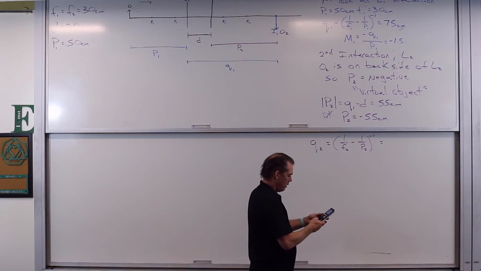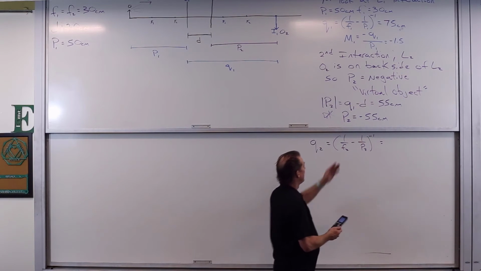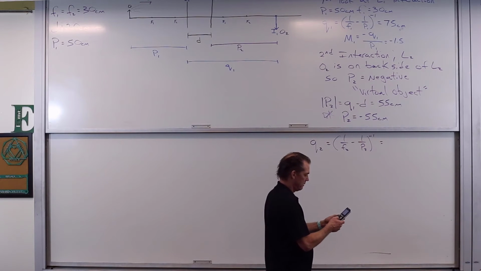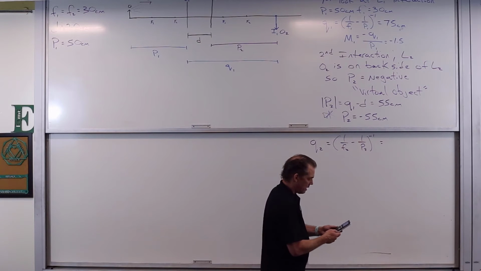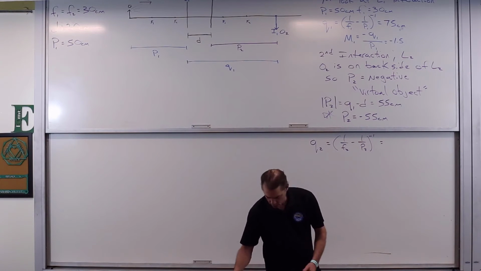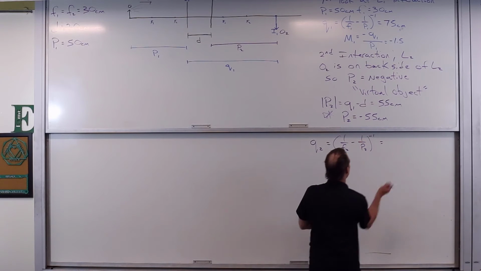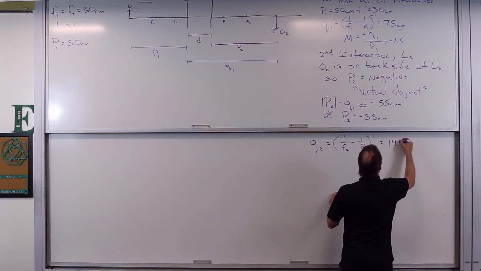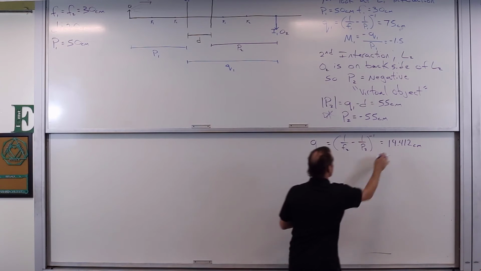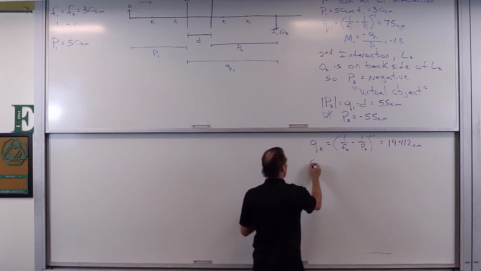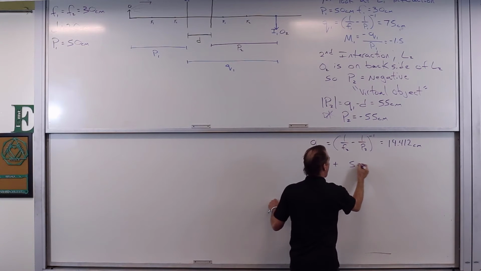So we've got 1 divided by 30, and then the negative sign gives us plus 1 divided by 55, to the negative 1. 19.412, we'll call it. 19.412 centimeters. It came out to be positive.